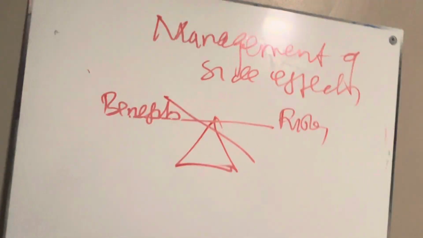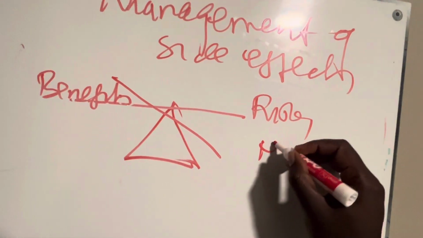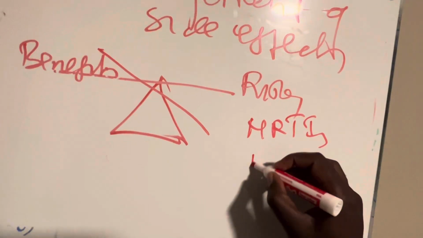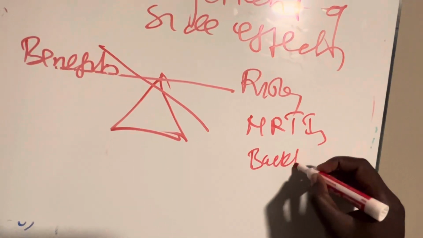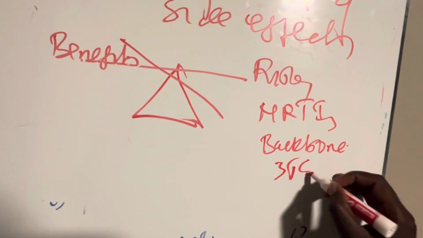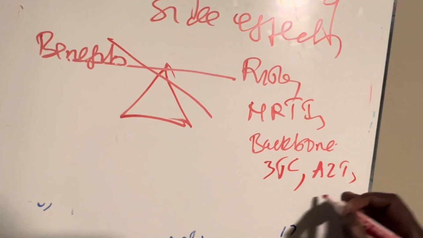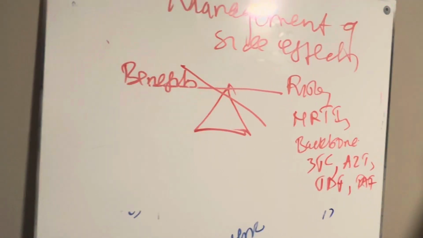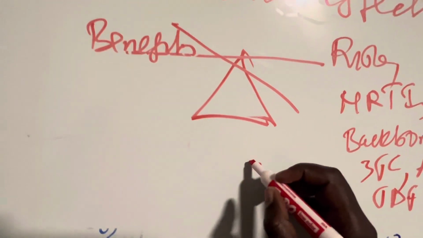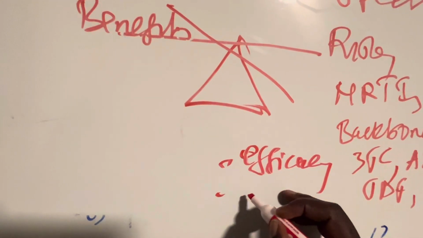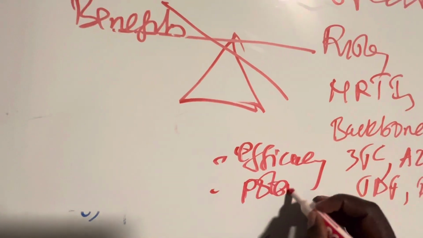For example, when it comes to nucleoside reverse transcriptase inhibitors, they form the backbone of most ARV regimens. For example, 3TC, AZT, TDF, TAF. They are very good, and they are very efficacious. There's efficacy, and then there's potency.